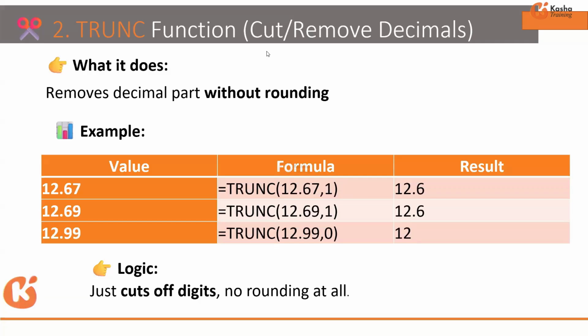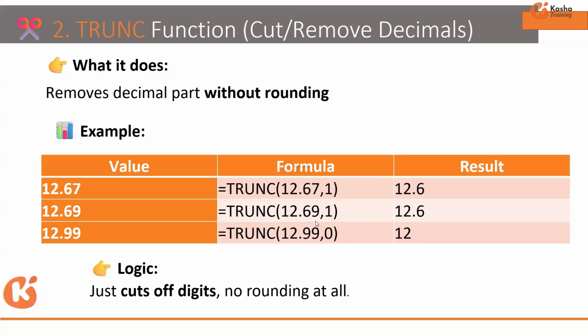Trunc is nothing, it's just a cut and removal of the decimal. Unlike the round one, here it doesn't round your decimal, it just cuts it. It removes the decimal part without rounding. You can see the same example has been taken here, and if I add trunc here, for 12.67 we want up to one decimal, so it has taken 12.6.